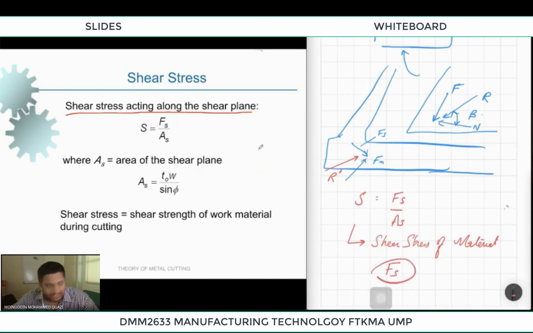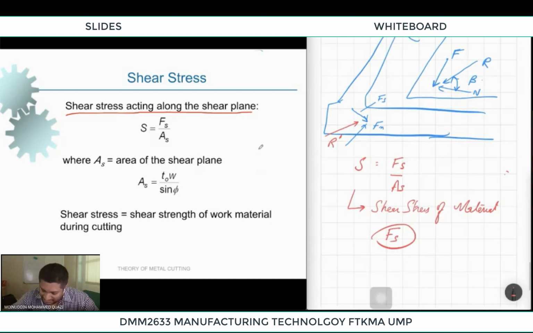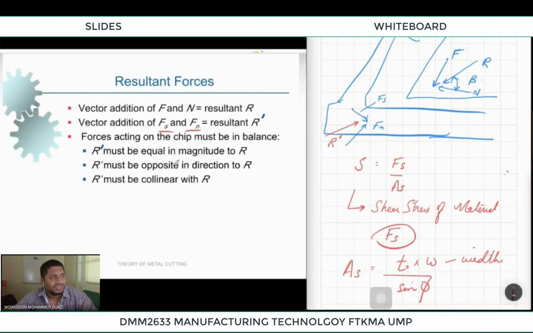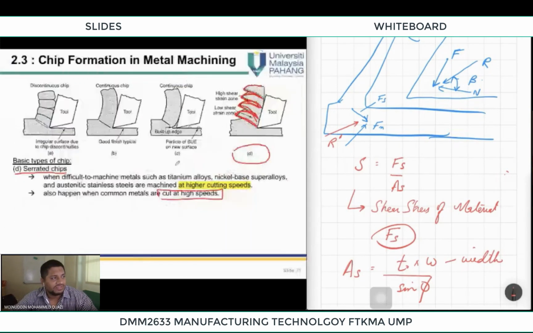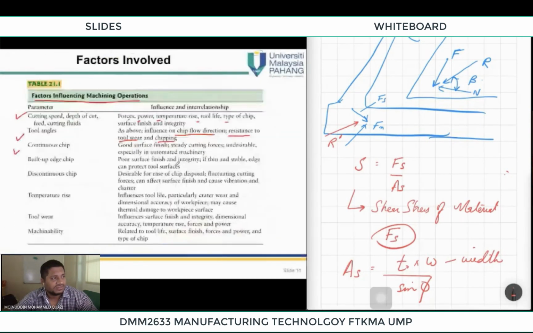The area As is equal to T naught multiplied by W, divided by sine phi, where W is the width, T naught is the depth of cut and phi is the shear plane angle. If I go back, I will show you the width of the cut, where it is.